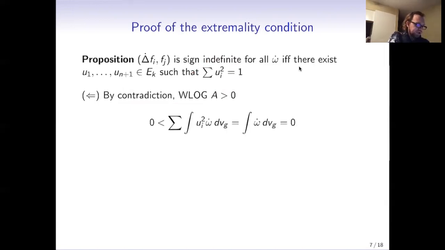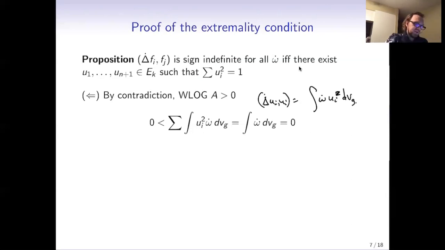Then you have this easy computation. For each UI, you know that A applied to UI is positive. But A is just the right-hand side, dot UI, which as we discussed is just the omega dot UI squared.